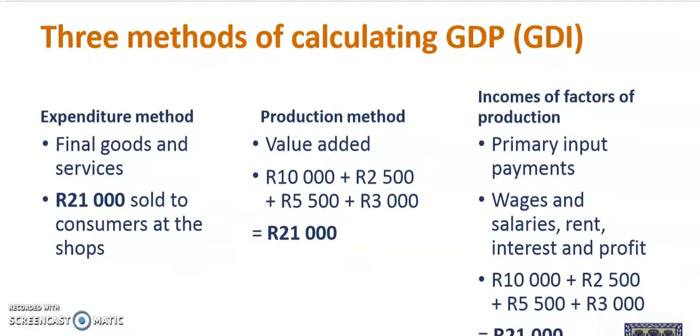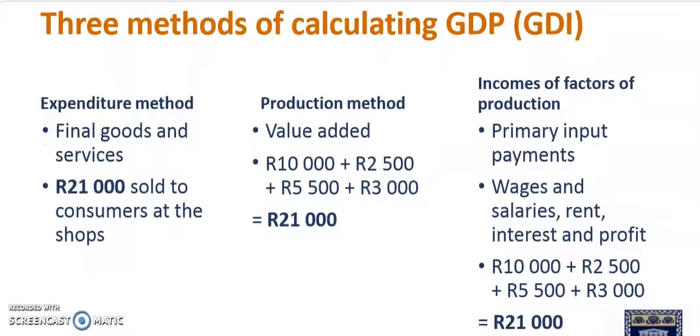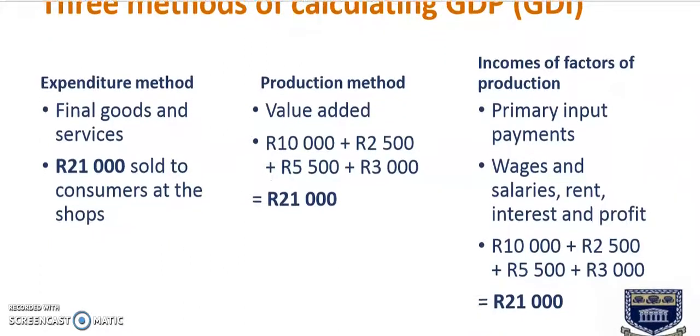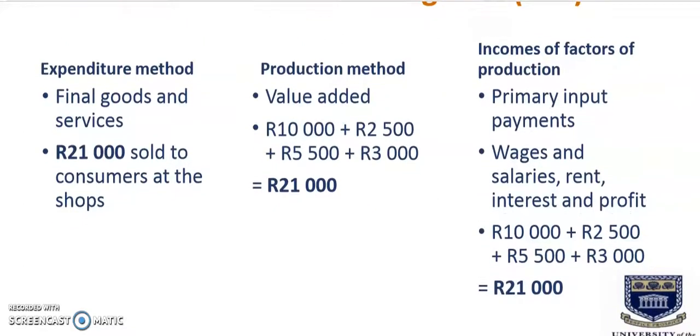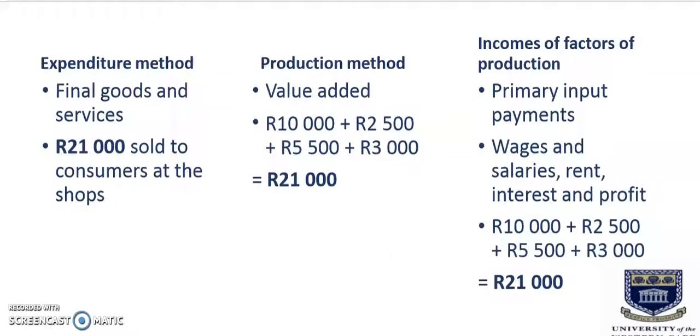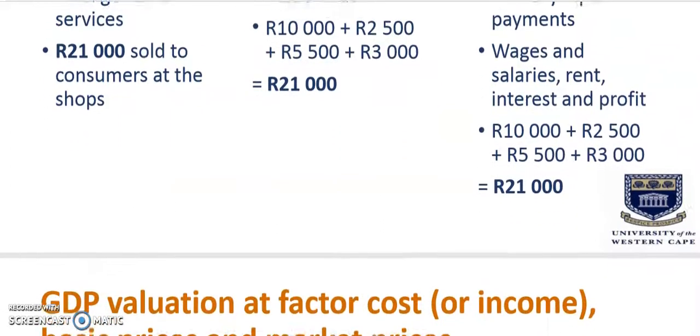And then according to the income of factors of production, you take the primary input payments, that is the wages and salaries, rent, interest, and profit paid during the production process. That is the 10,000 rands plus the 2,500 rands plus the 5,500 rands plus the 3,000 rands, which is also equivalent to 21,000.